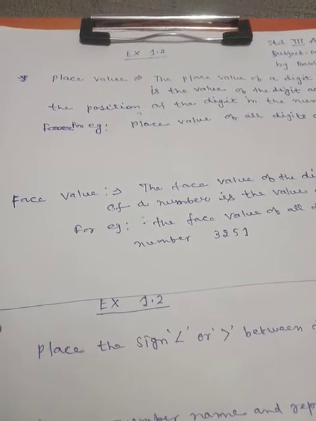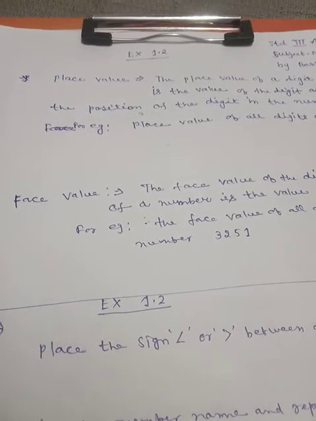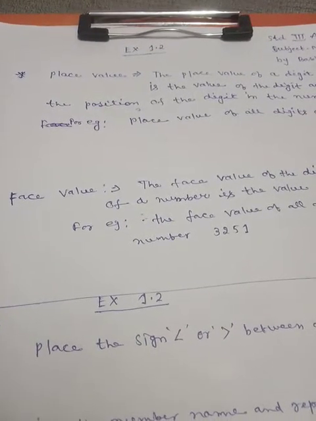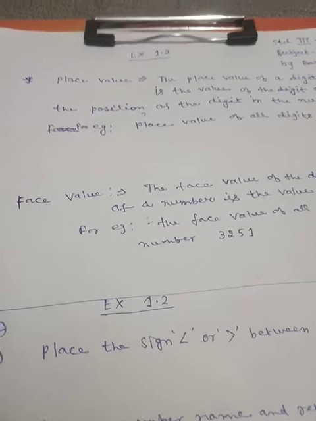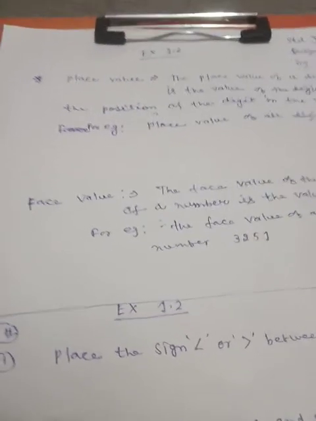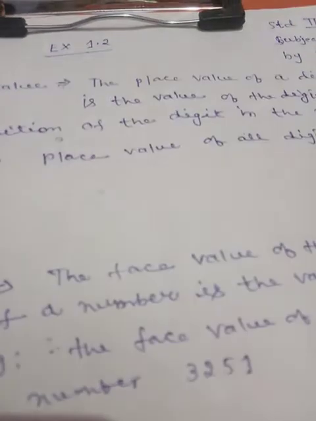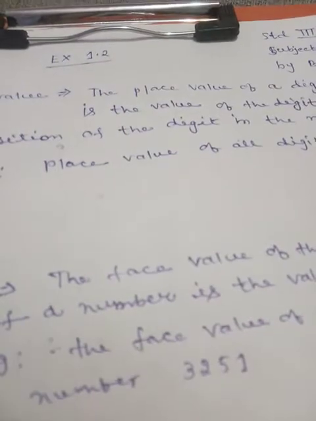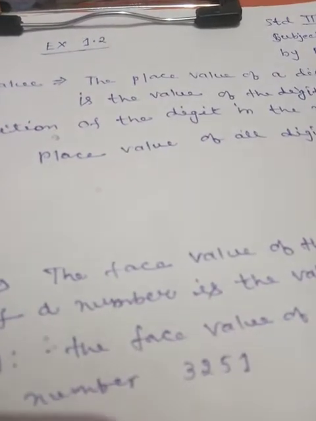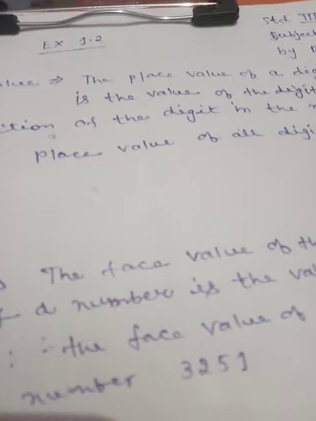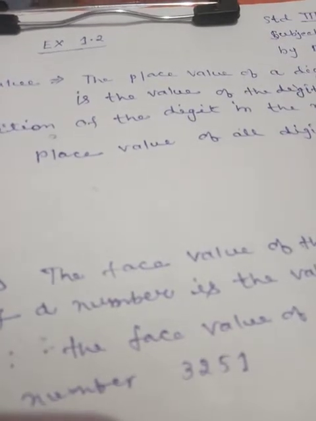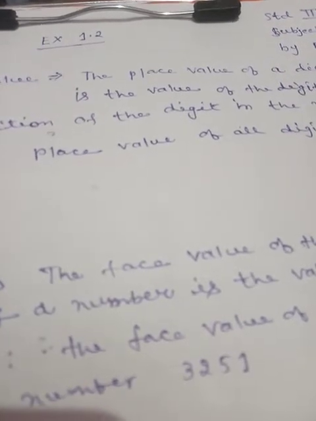As we know, a number is composed with the help of digits 0, 1, 2, 3, 4, 5, 6, 7, 8, 9. All these are digits. Numbers from 1 to 9 are one digit numbers.